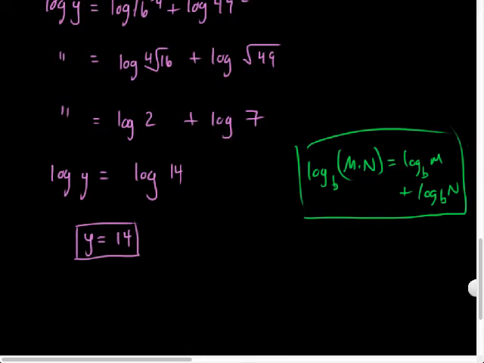So, for instance, if I said 2 to the 3rd times 2 to the 5th, you would have said that that's the same as 2 to the 3 plus 5, or 2 to the 8th. So the product of 2 exponents or powers is equal to the power in which I added the exponents.